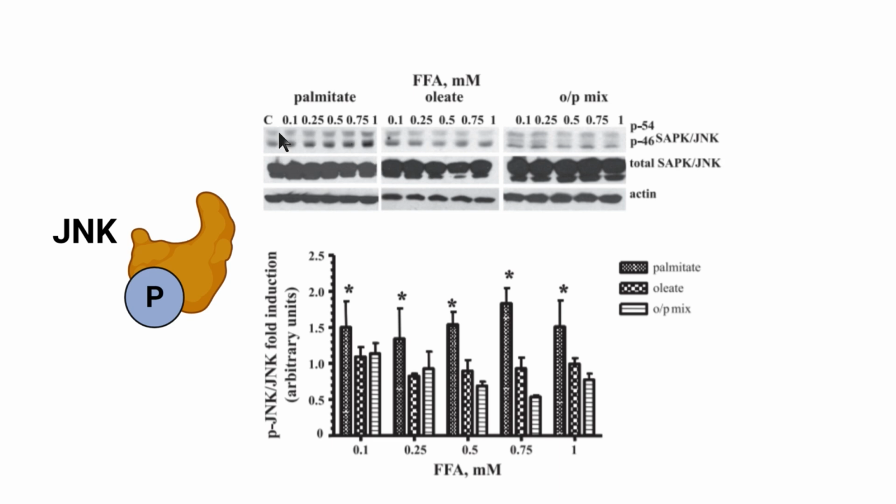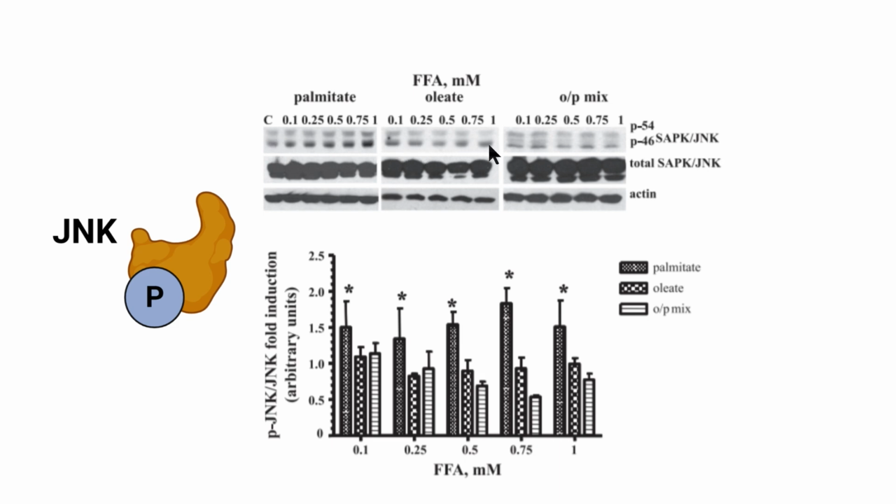Whatever. The point is, here we've got our control, so all of these conditions are being compared to control. And we see that palmitate, again, you kind of have to squint unless you end up looking at the graphics. Palmitate, here it's pretty obvious. So at the 1 millimolar level, you start seeing a much greater phosphorylation of JNK compared to the control.